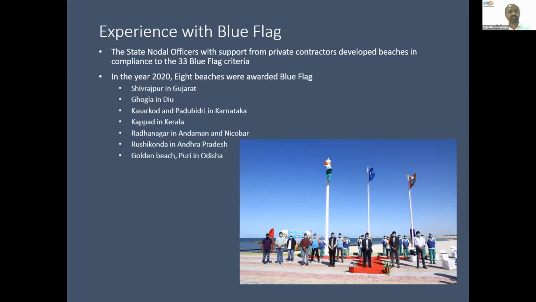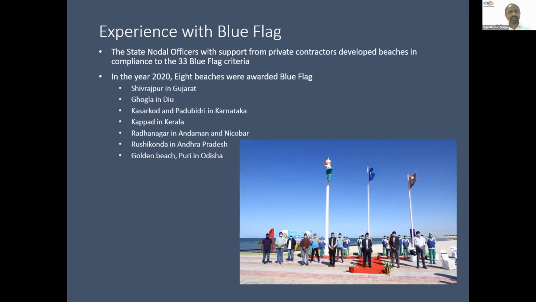Now in India, a large number of people are aware that Blue Flag is such an award which is contributing towards A, enhancing local livelihood, B, helping protect coastal resources, and C, it is also very important because, as I said, India has biologically very rich beaches, and Blue Flag focuses on the beach system.